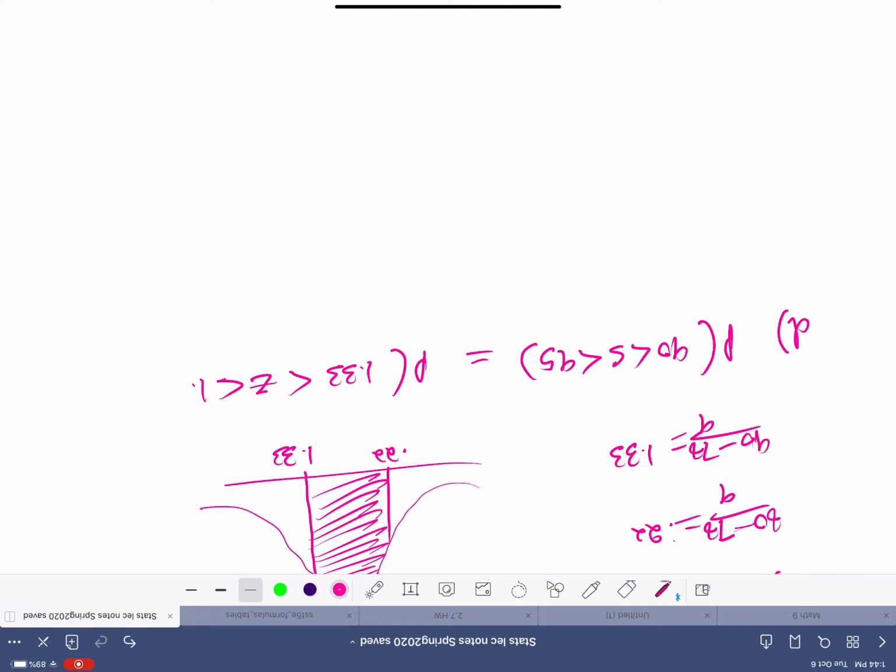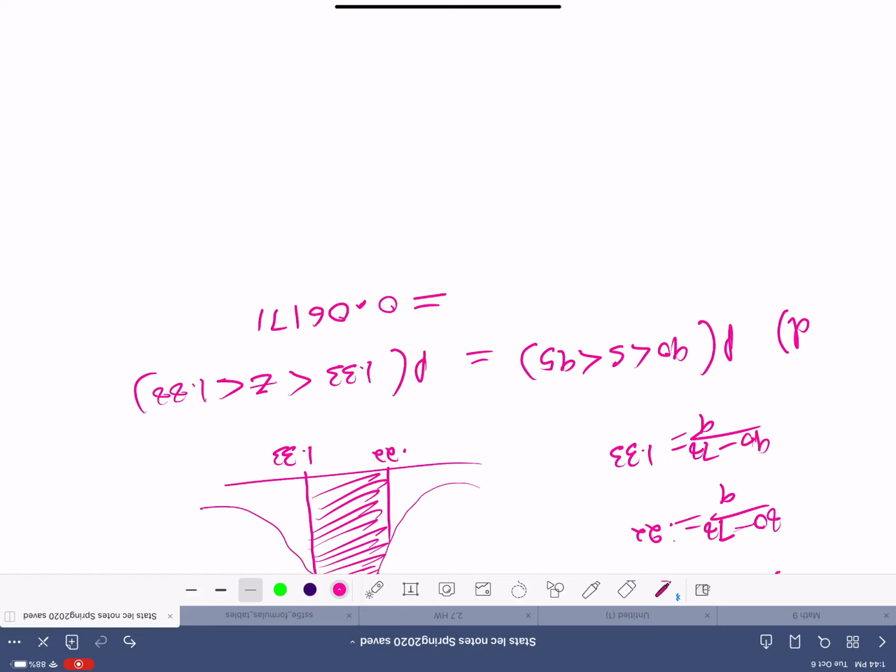It turns out to be 1.33 and 1.88, and we want the area in the middle of 1.33 and 1.88. And that turns out to be 0.06171. Now that's about a 6% chance that you randomly select somebody whose score lies between 90 and 95.